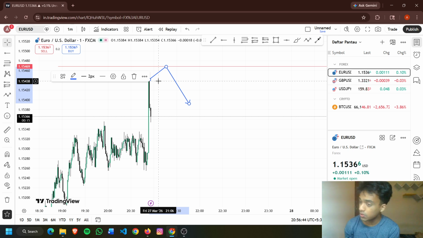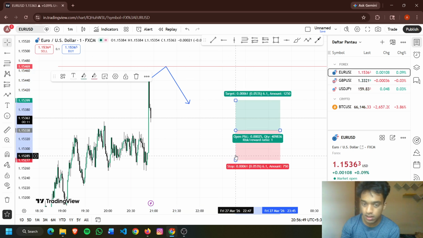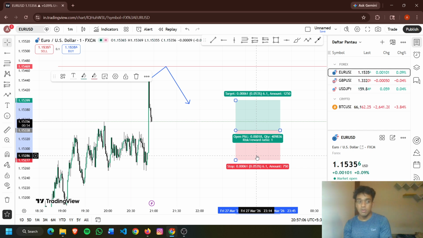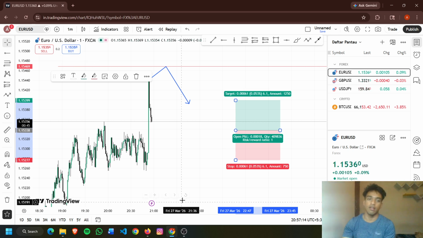Even stop loss is kind of like a limit order, because unless the price comes and hits here, it won't get executed, right? In the previous video, I was talking about that. So stop loss, take profit, and buy limit and sell limit orders are pending orders, which are not executed. Only the instant execution orders, like market orders, pressing buy or sell directly, are executed.